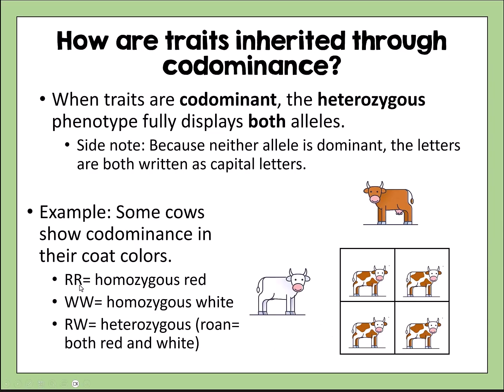And so we're using both capital letters here, and those traits are both going to be dominant, meaning they're both showing in the offspring. And so this is going to be our Punnett square for our codominant trait. In this situation, we're going to have 100% heterozygous individuals, and they will be 100% roan, showing both traits from the parents.